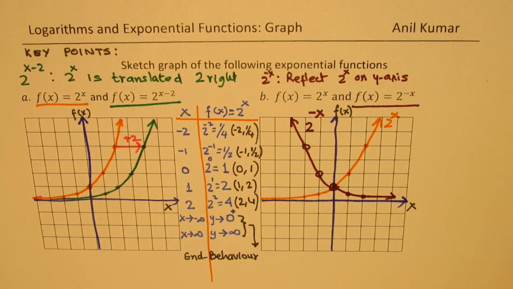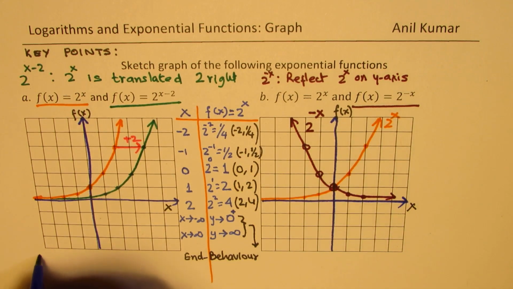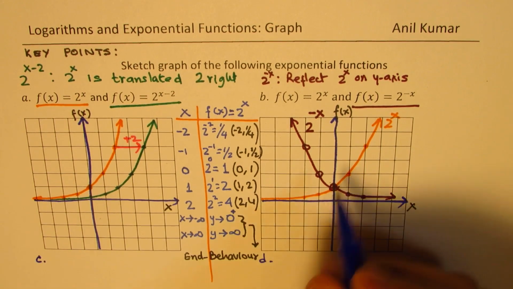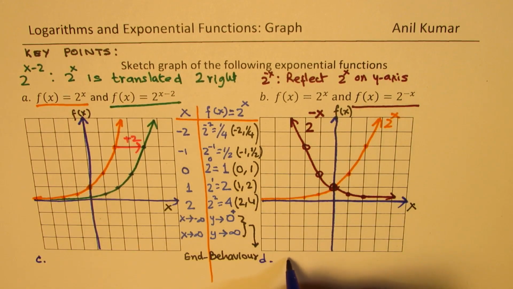I hope with this you have a clear idea of how to sketch exponential functions. You can translate these up and down, and now I'd like you to try out some of the graphs. Let's say C and D. So D will just do a transformation here. Let's say f of x is equal to 2 to the power of minus x minus 3.